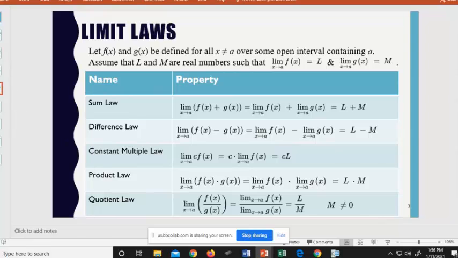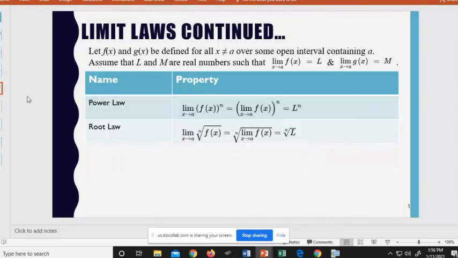And last couple, the power law. The power law is pretty much what I was doing with my x squared function. I was using it, but let's see how it works. If f of x is equal to x squared, what this is saying is I could write it as the limit of x squared as x approaches 2.